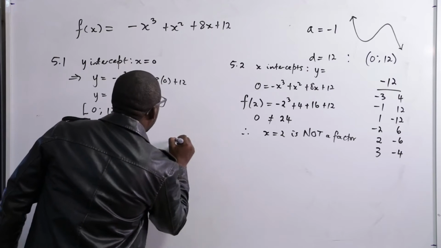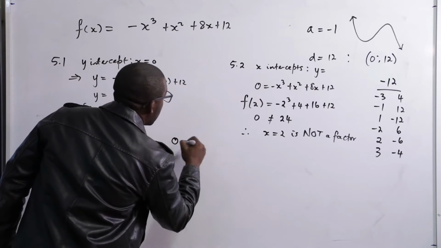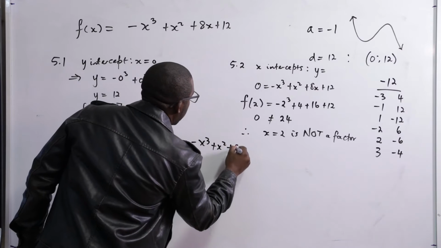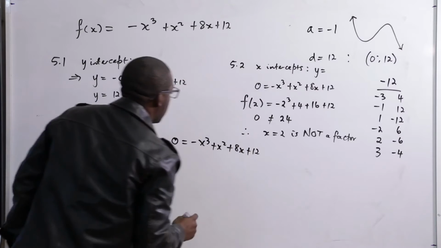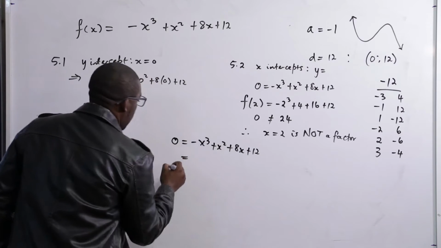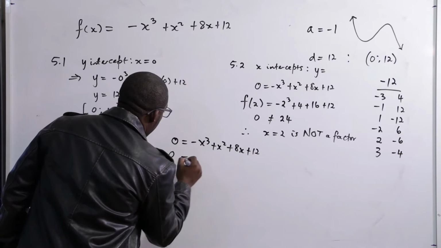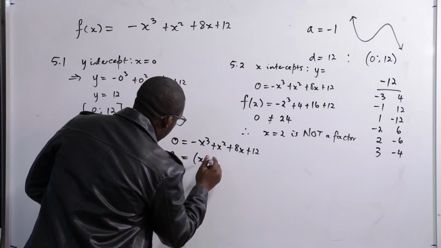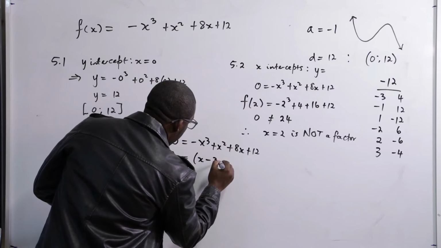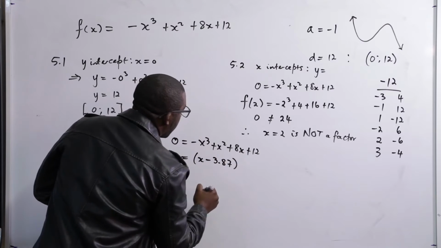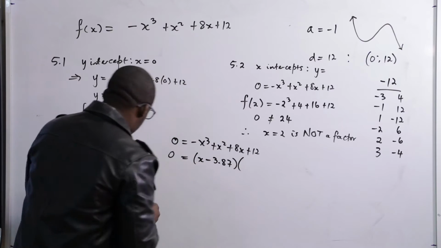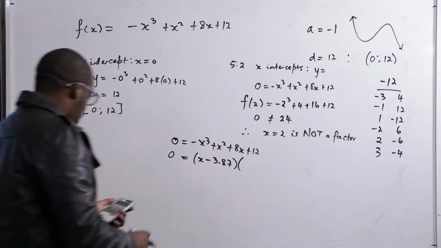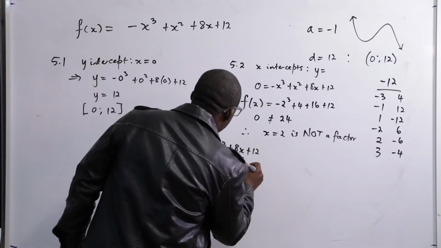So 0 is equal to negative x cubed plus x squared plus 8x plus 12. Then from there, 0 is equal to x minus 3.87. Then for the others, if we find that factor, we do long division. We're going to get a quadratic that you can't even factorize.